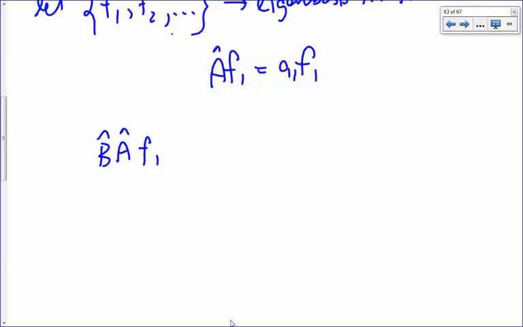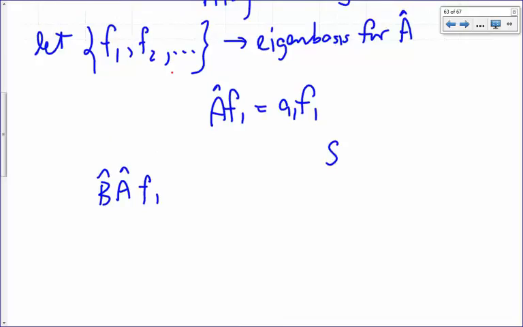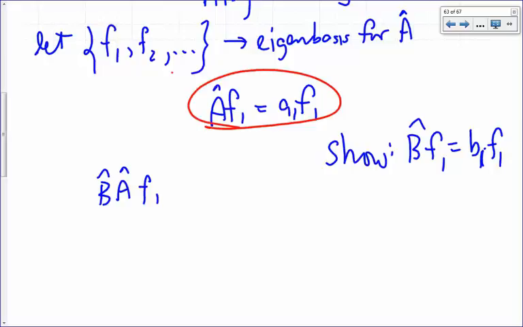We already know that they commute, right? We're assuming that they commute. What are we trying to show? That we can show that B hat F1 would be some other constant, B1, times F1, right? That's what we need to show. So we assume that's the case, then we need to show that if they commute.